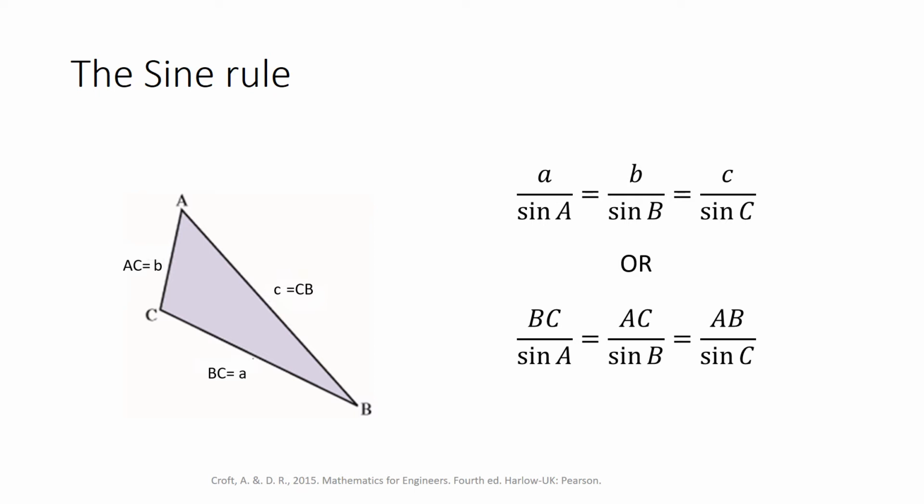If this is side AC, then under it will be sine of the missing angle B. If this is AB, then under it will be sine C, which is missing in the numerator. So it's quite easy. A very beautiful symmetric pattern is seen in all the ratios.